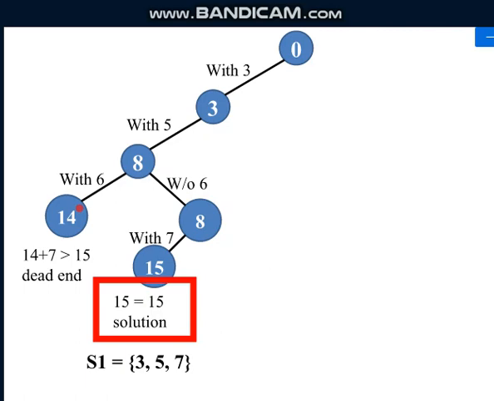But the right edge indicates that you are not considering that element. So with 3, with 5, without 6 and with 7, you have included 3 elements in the solution set. Those 3 elements are 3, 5 and 7.